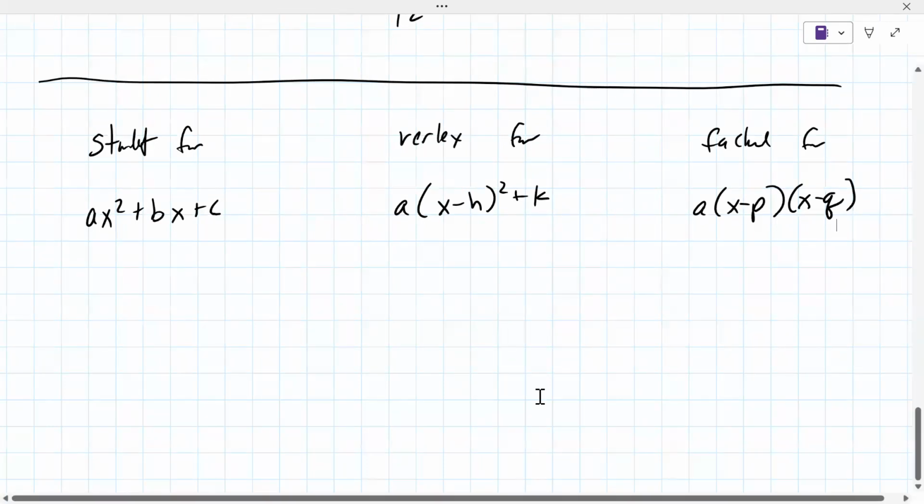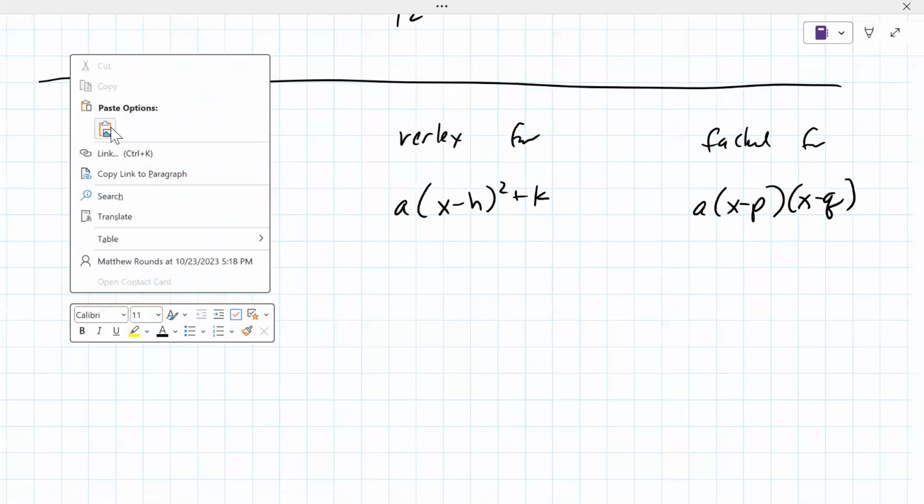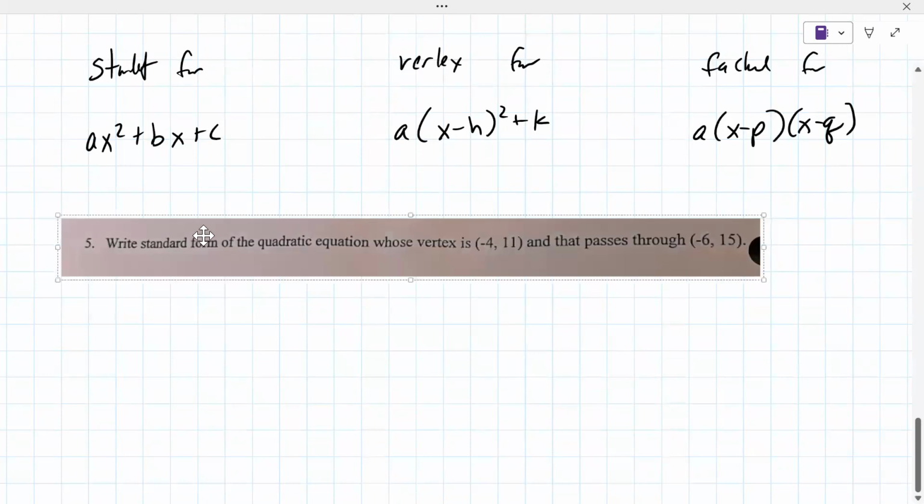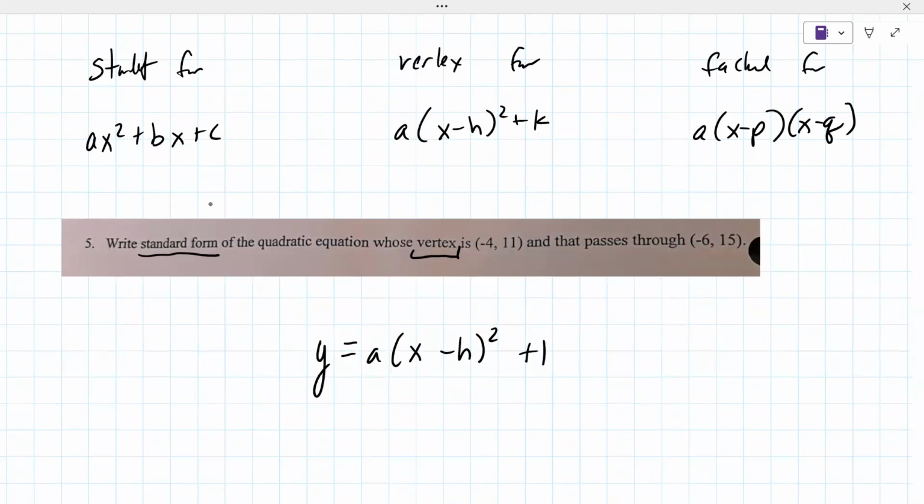All right, so now in question five, we have to end in standard form, but we may not start there. So whenever they give you the vertex, you're going to start with vertex form. So the (-4, 11) is the vertex. That's the h and the k value.